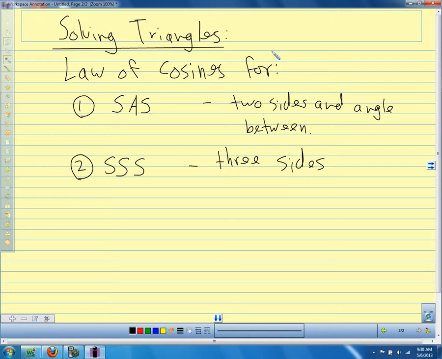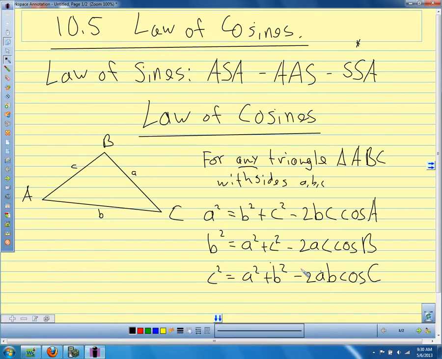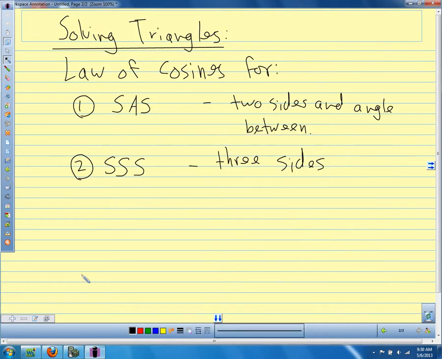A lot of times with the law of cosines, the problem will ask you to solve the triangle. So you're finding all the missing parts. When you use the law of cosines, because these equations are kind of long, we can use the law of cosines once, and then we usually finish our problem with the law of sines.